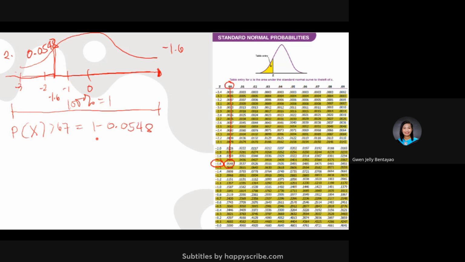Okay, go ahead and use your calculator to solve for that. That could be 67, or you can also use negative 1.6. Greater than negative 1.6, that would be 0.94.